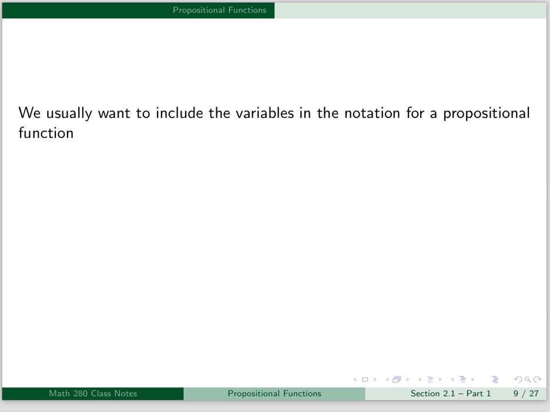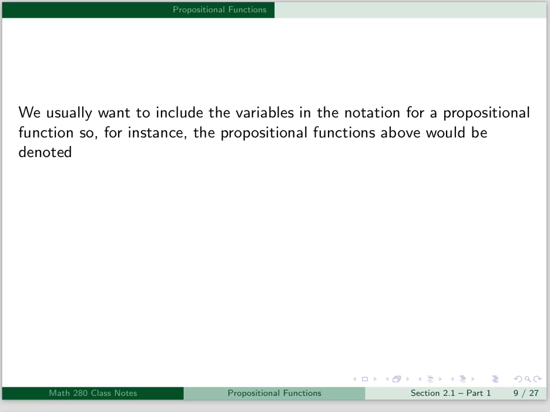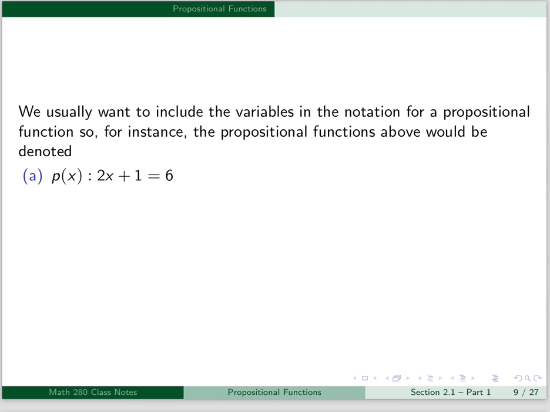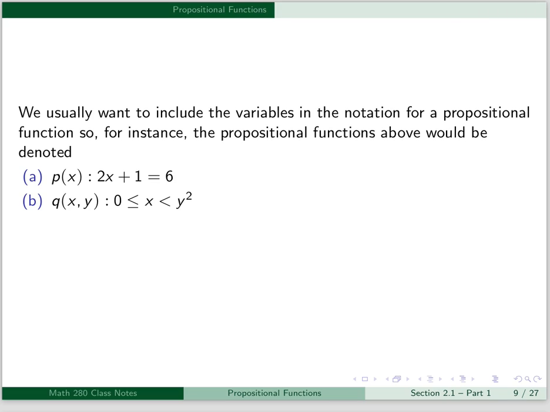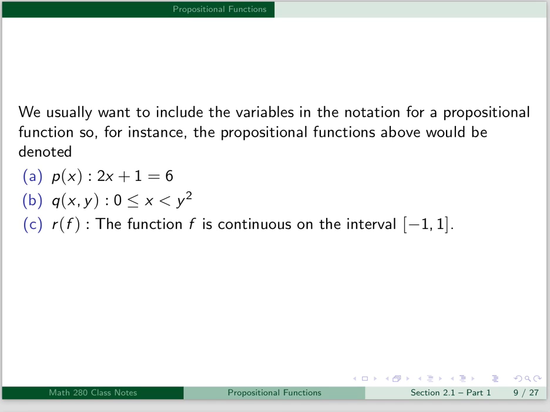We usually want to include the variables in the notation for a propositional function. So for instance, the propositional functions above would be denoted: 2x plus 1 equals 6 can be written as p of x. 0 less than or equal to x less than y squared can be denoted q of x, y, where we've included both variables x and y in the notation.